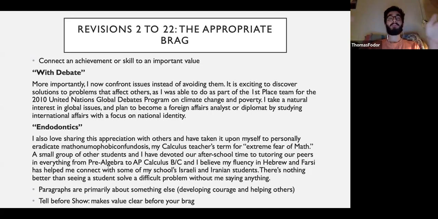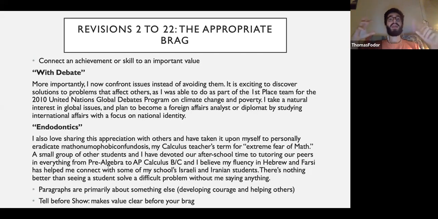But remember that a good way to mitigate the idea that you're pompous or arrogant is to nest them with a value, so that you can introduce a value and then illustrate it through your achievement. And this is the second point that I want to make. I said that usually you want to show and then tell.